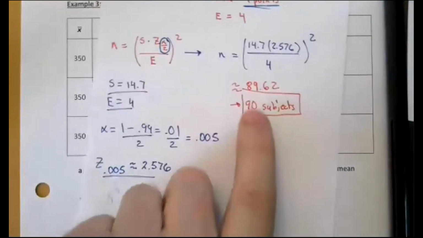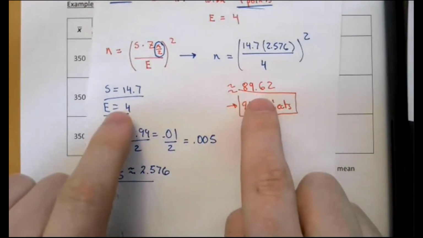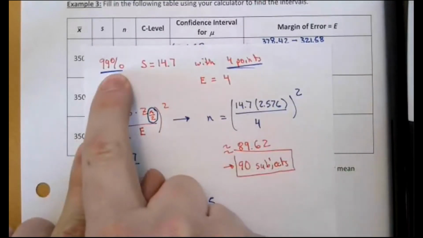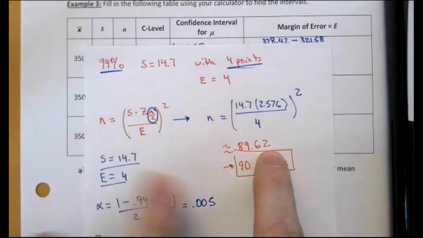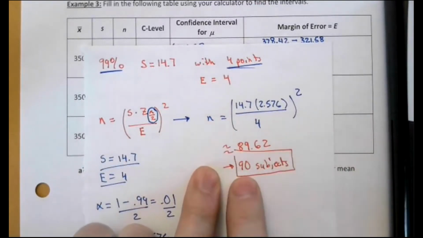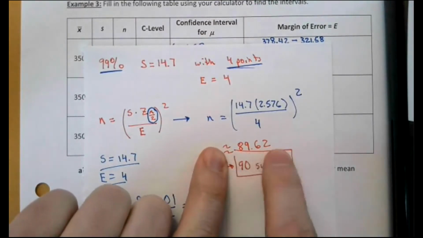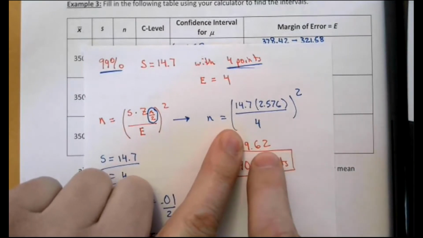The reason you round up here is because to get exactly within the margin of error of 4 at this confidence level, we would need exactly 89.62 subjects. But you can't have 0.62 of a subject, so we have to make this 90 subjects. And even if this was 89.12, we still can't get half of a subject.